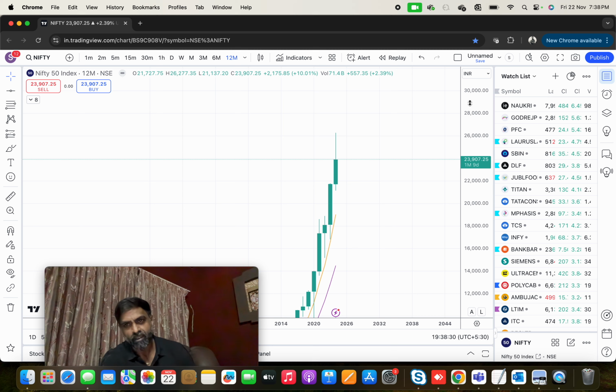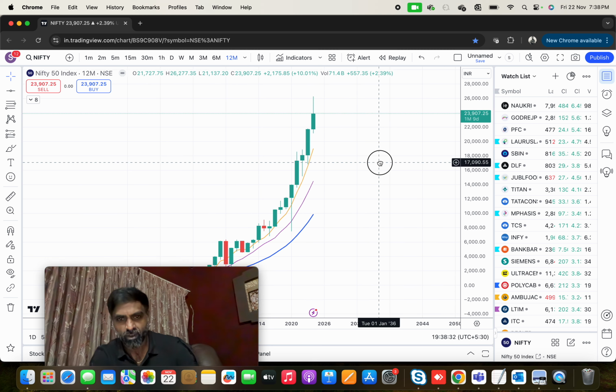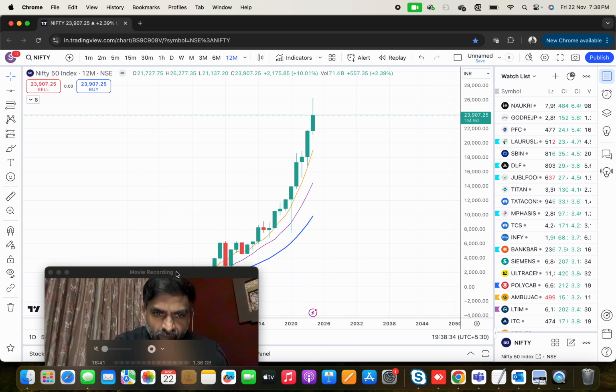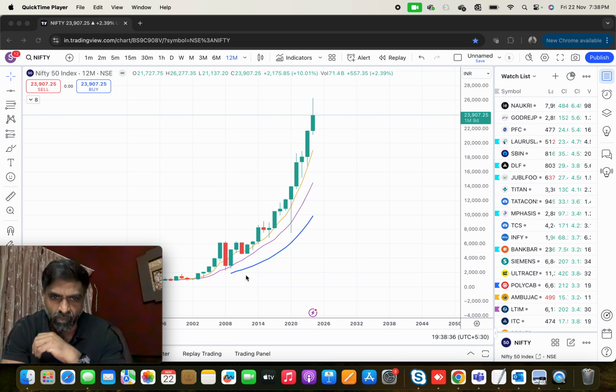This is the yearly Nifty chart. Now if you look at it historically, it always touches 5, probably sometimes 10. This is the COVID time, it touched and then went up. But at some point in time it has to come and touch 5.